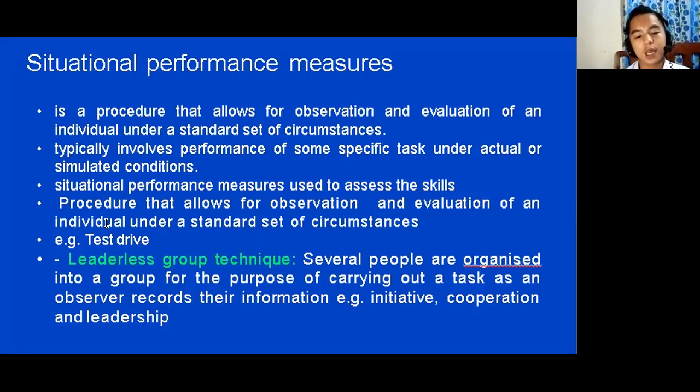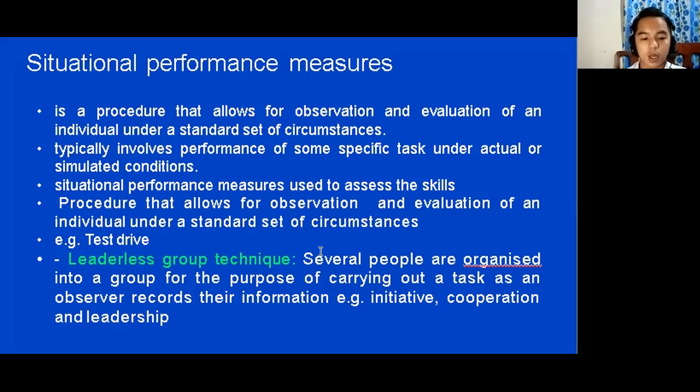Next is the leaderless group technique. In the leaderless group technique, several people are organized into a group for the purpose of carrying out a task.